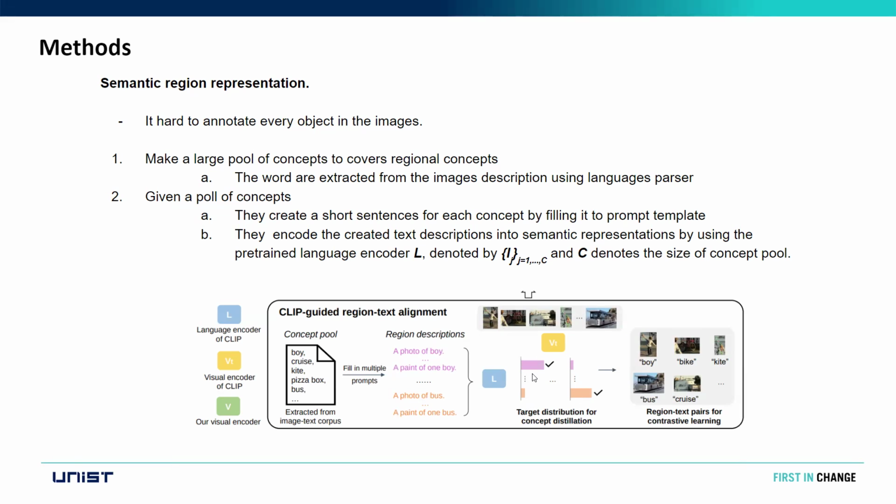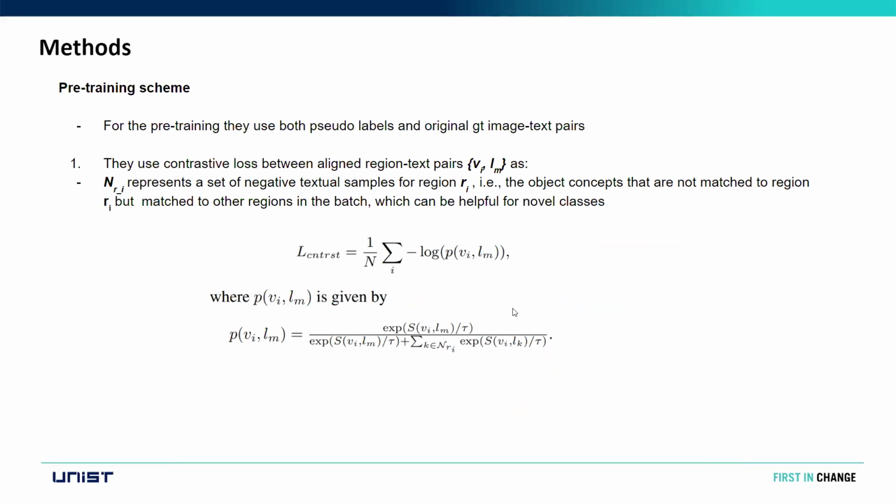For the boy, there are several other prompts which don't describe it, which don't match the region that much. But in this loss, they also take those into account. And they argue that this can be helpful when the regional visual encoder is used for novel, unseen classes.